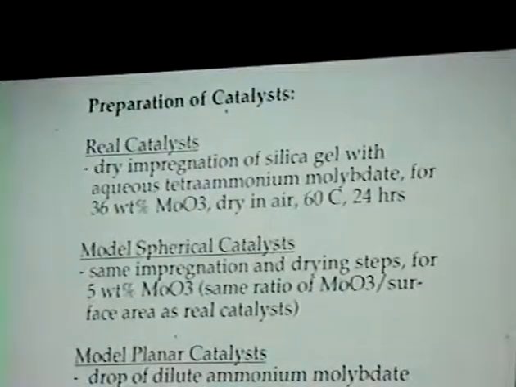We have formulated the real catalyst and the model spherical catalyst such that we have about 4 atoms per square nanometer, or that the ratio of bulk to monolayer should be about 3 to 1. So there should be plenty of material there to see.